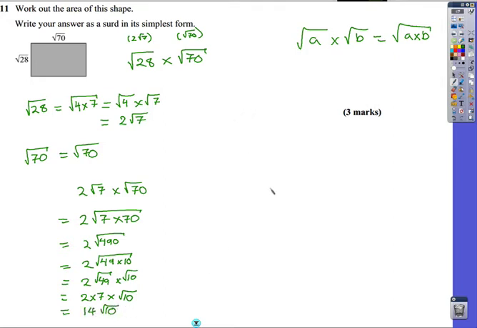So our final answer is 14 root 10. There is no units here, so we could leave it as that, but it's not going to be nice. So write down area is equal to 14 root 10.